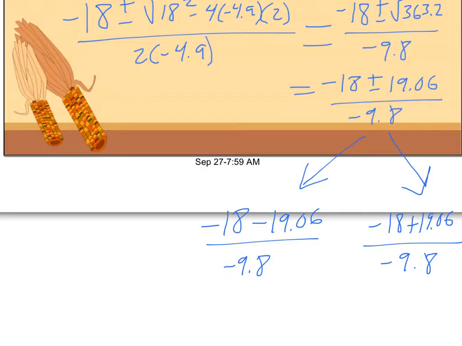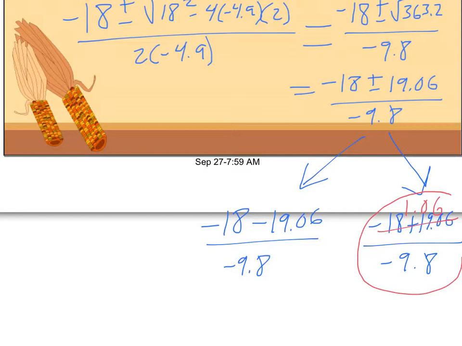Over here, as I look at these numbers, I see I've got negative 18 plus 19. That would simplify to about 1.06. And before I even divide those numbers, I can see I've got a positive number on the top and a negative number on the bottom.